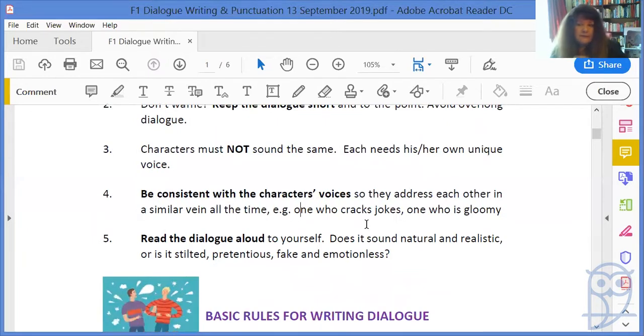Then once you've written the dialogue, one thing you should do is read the dialogue aloud to yourself. Does that sound crazy? No, read the dialogue aloud to yourself. Why? Is it natural? Is it realistic? Or does it sound fake with no emotions?